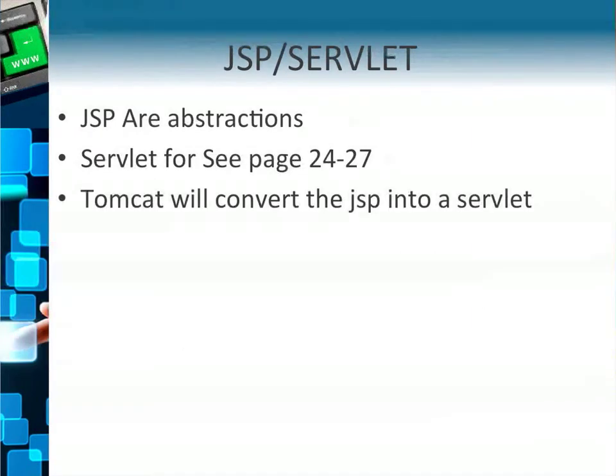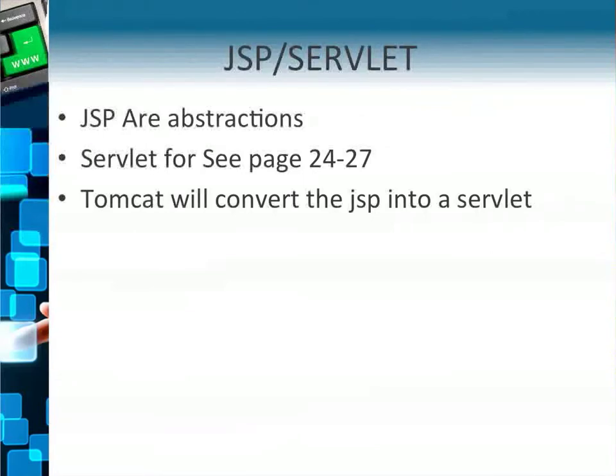So the Java server page, in which you can check the first JSP in the examples. The Java servlet page, really what's going to happen is an abstraction. The Tomcat server is going to grab that and convert the JSP into a servlet.